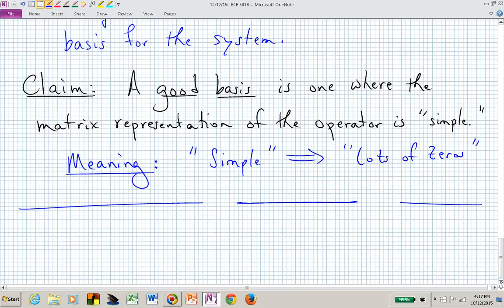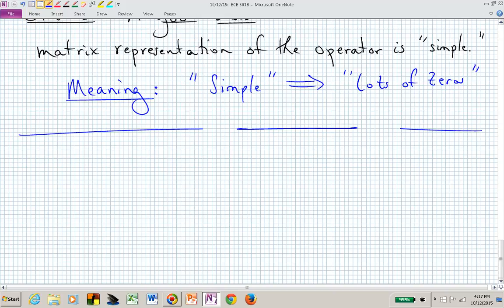What do we already know about these matrix representations and having a simple operator? Let's try to recall what we've already learned.